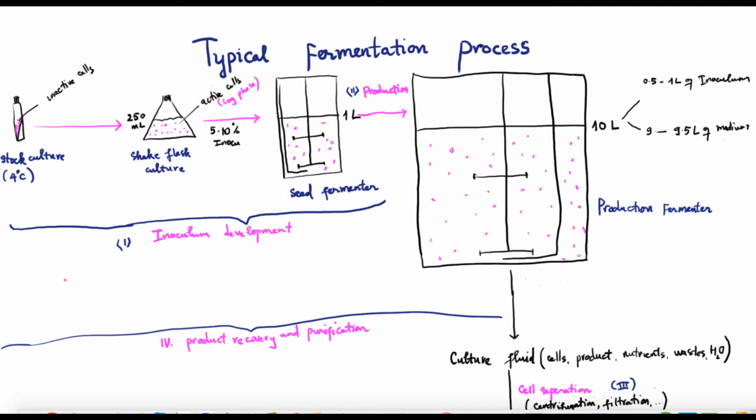The reason that we should not immediately transfer these cells into a large volume of culture is that we want to activate the cells, right? Meaning to have healthy or active cells. But the density of them, or the number of cells in the culture, is also important.